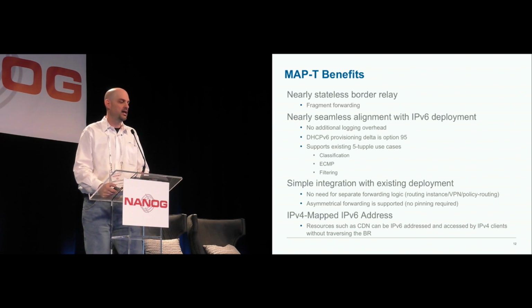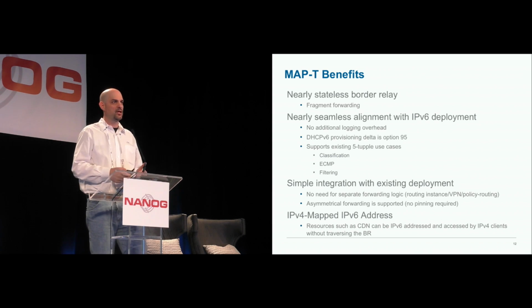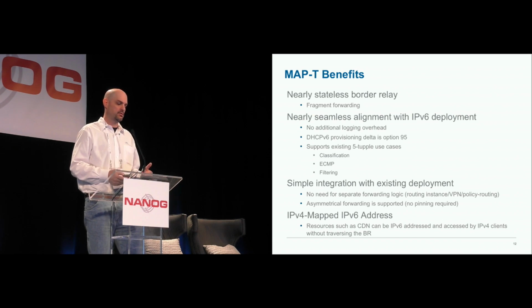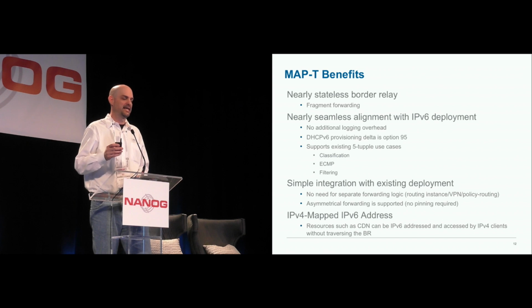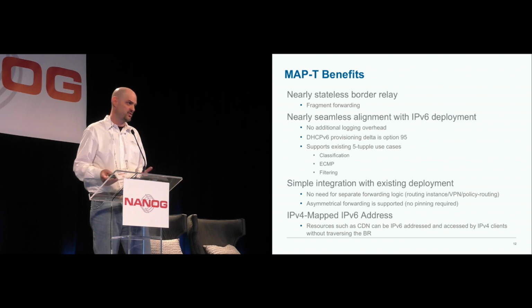But if it's an IPv4 only client, the translation will occur on the CPE. The client will access it natively via IPv4. The gateway at the subscriber location will do the stateless translation over IPv6, and the CDN resource will process it as if it was originated from an IPv6 client.